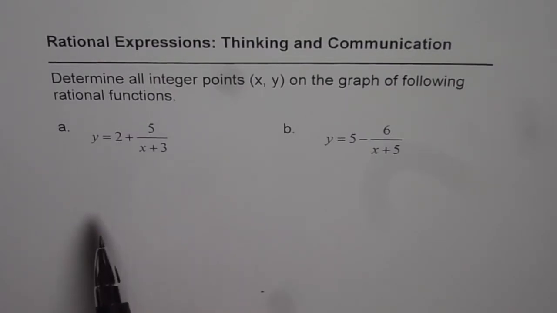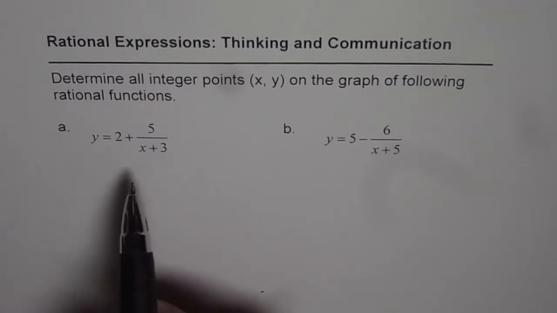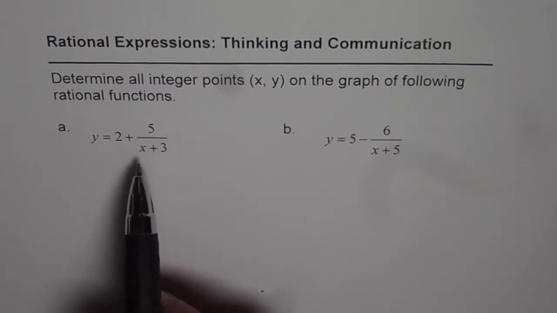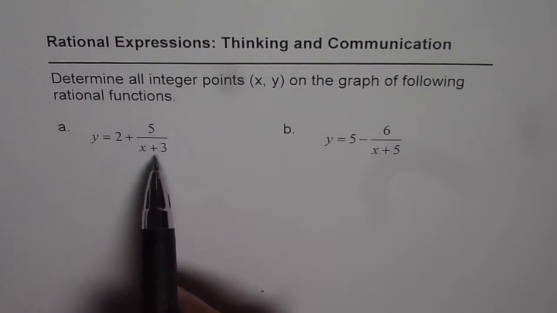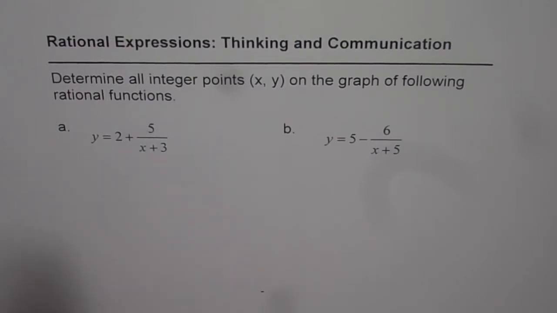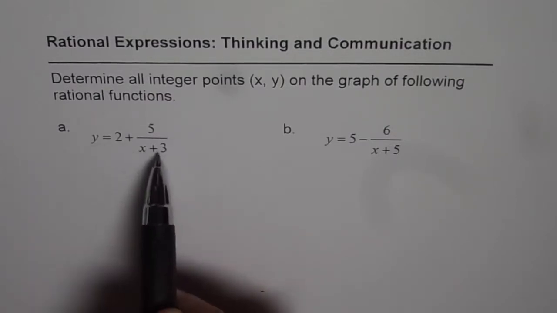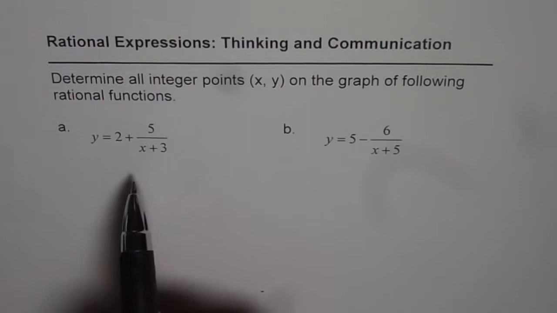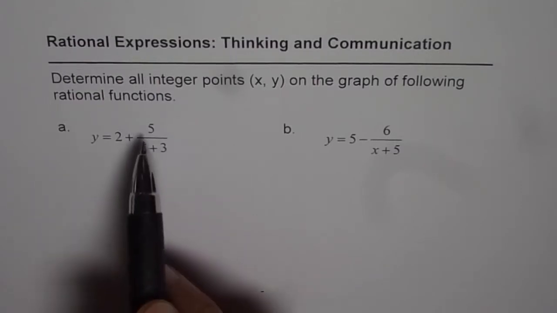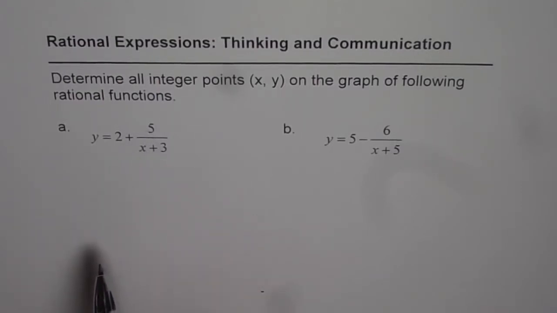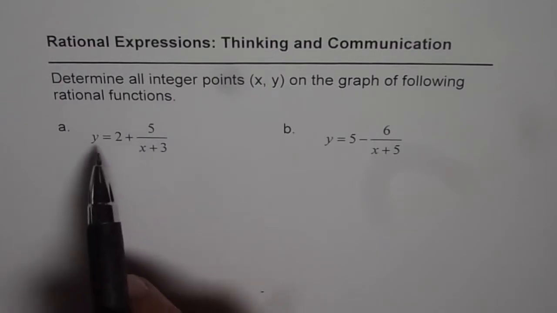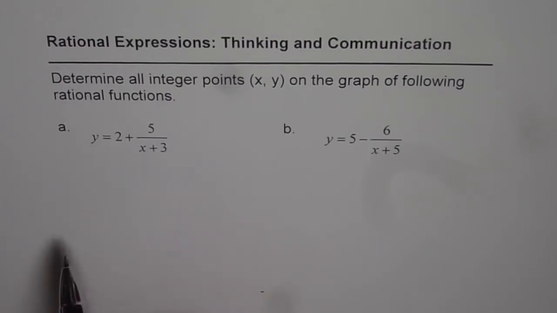It should not be a fraction. So what values of x will result in 5 divided by x plus 3 being an integer? That is what you have to think, right? If x plus 3 is, let us say, 5, then we get 5 divided by 5 as 1, so that will give you an integer y value. I hope you understand the strategy.